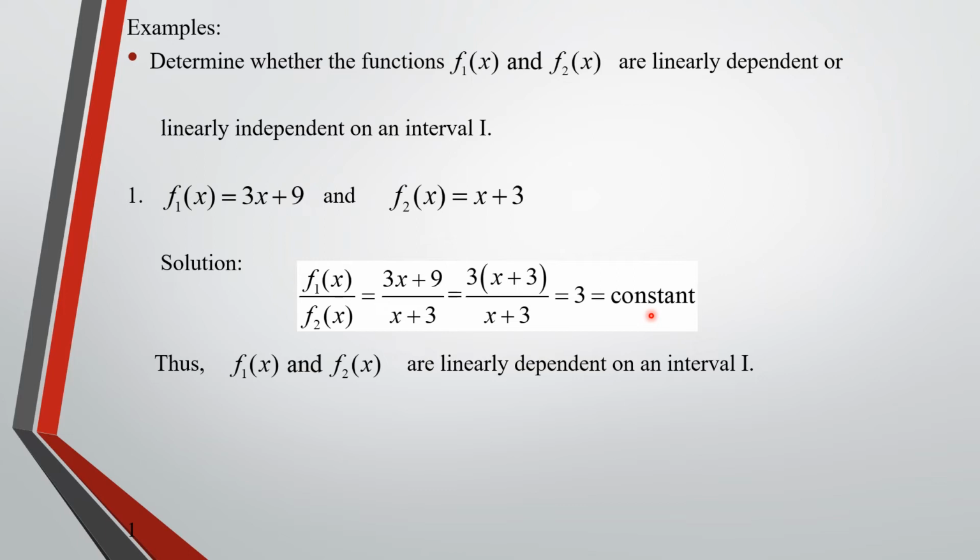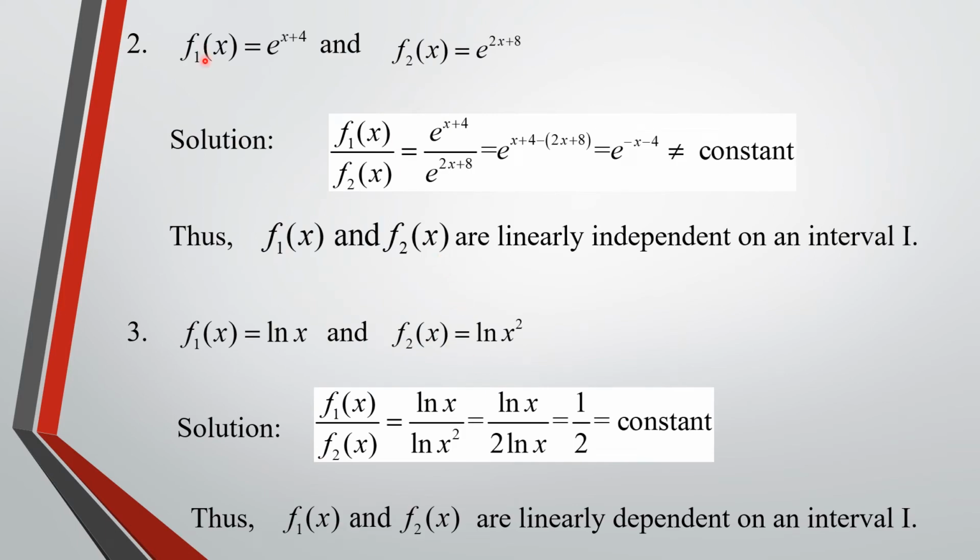So since f1 over f2 is a constant, we conclude that f1 and f2 are linearly dependent on an interval I. Now if you evaluate f2 over f1 instead of f1 over f2, the result will be 1 over 3. So 1 over 3 is also a constant, so you will get the same conclusion: the two functions are linearly dependent.